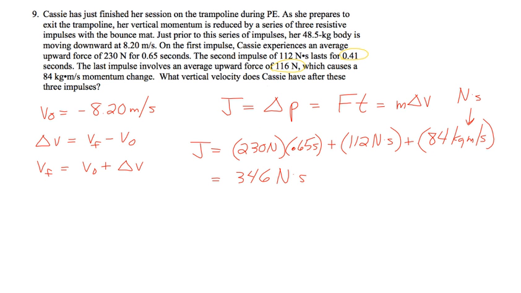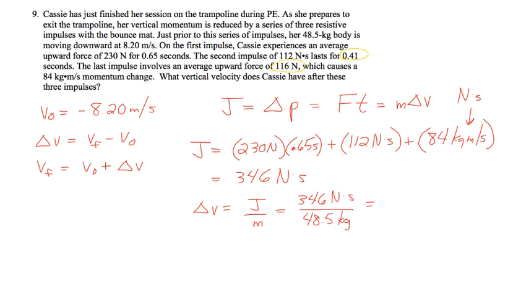So my next step is my change in velocity is going to be the impulse divided by the mass. So I'm going to put 346 newton seconds divided by 48.5 kilograms. The answer I'm going to get here is going to be positive because the change in velocity is a positive number.